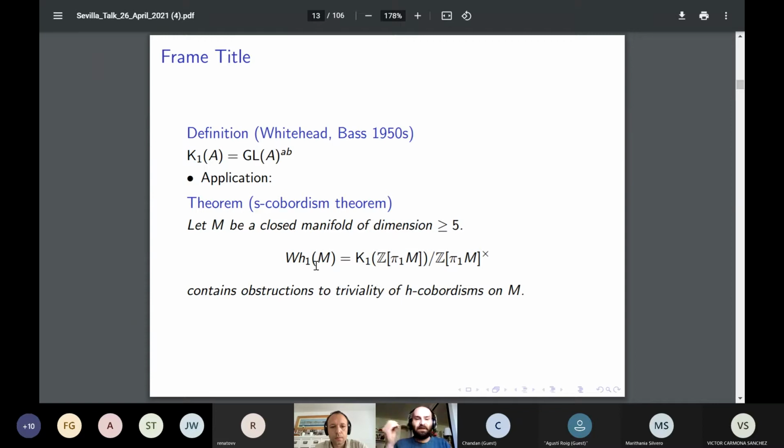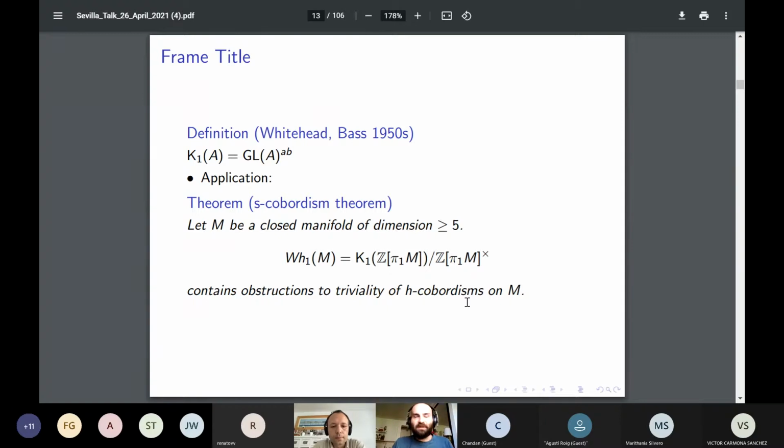The main application of this definition was what is called the s-cobordism theorem. It says that if you have a closed manifold M of dimension larger than or equal to 5, then the obstructions to triviality of h-cobordisms on M lie in this quotient of the first K-theory group of the group ring of the fundamental group of M. And then you quotient it out by the units of the group ring.